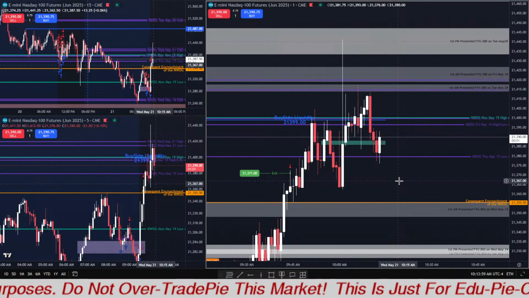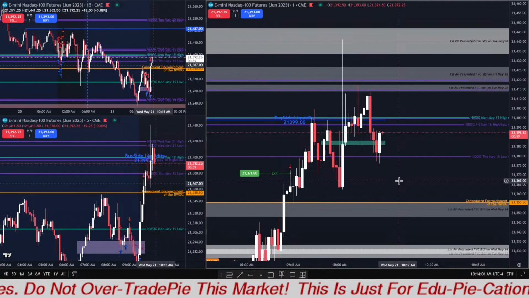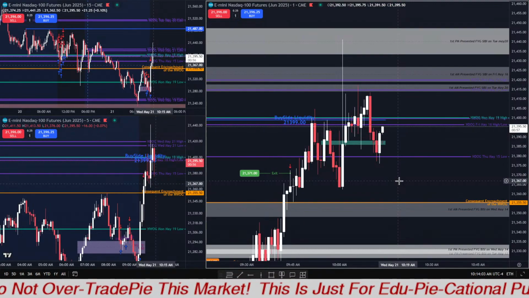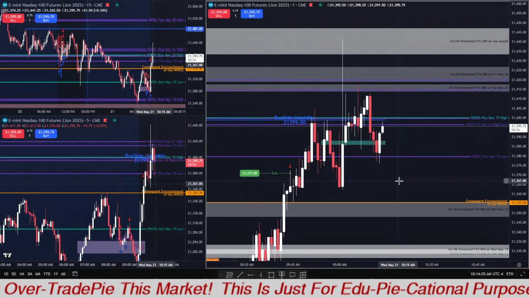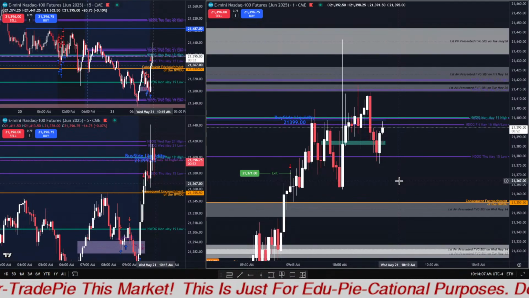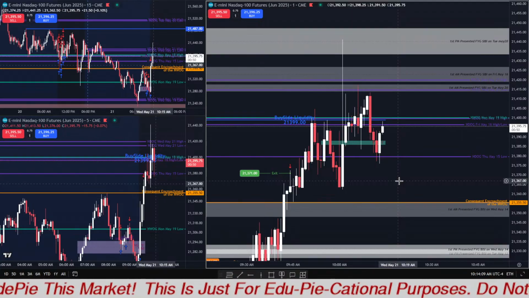Once again it traded inside that fair value gap, and yes, as I expected, this is not going to be an inversion.